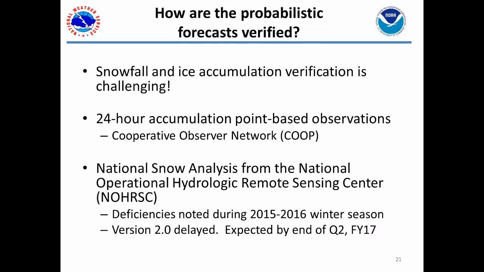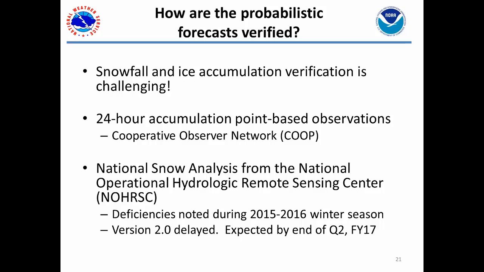Finally, another very common question is, how are these probabilistic forecasts verified? Well, verifying snowfall and ice accumulations is always challenging. There are two primary data sources we rely on for verification. The first, we use 24-hour point-based accumulations provided by the co-op network.